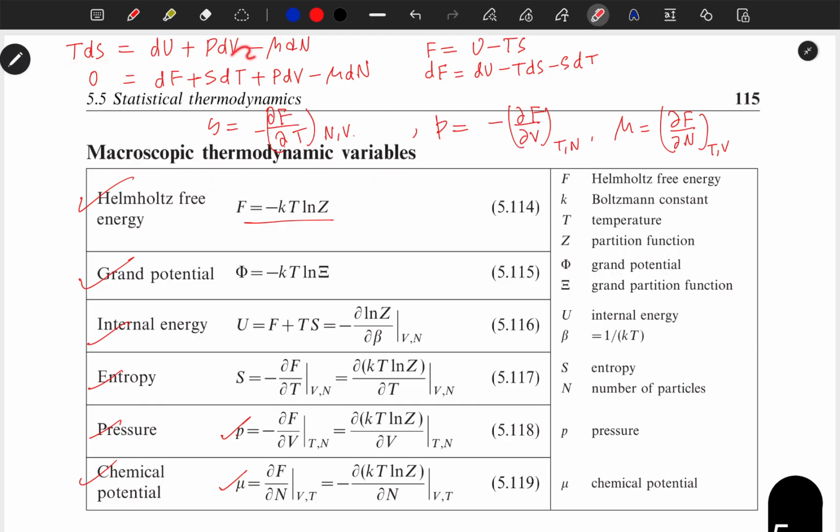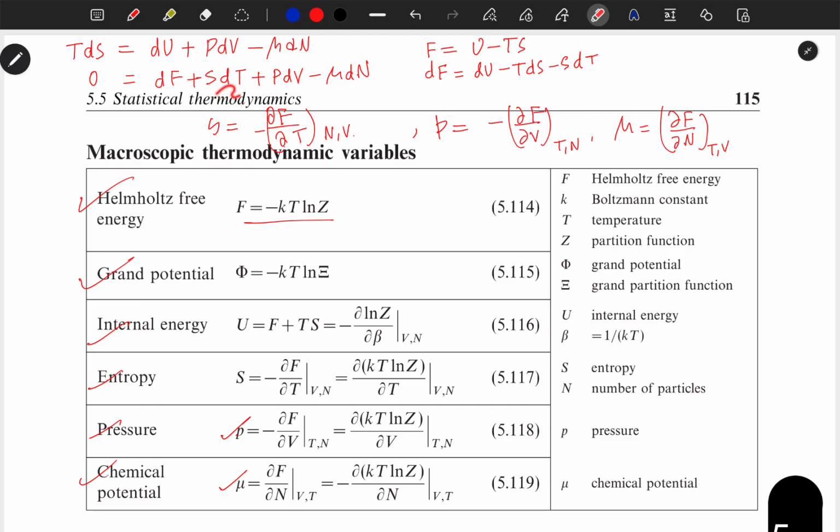dQ equal to dU plus P dV minus mu dN. So dQ equal to T dS. So again F equal to U minus TS. So dF equal to dU minus TdS minus SdT. So we replace dU minus TdS, giving dF equal to minus S dT minus P dV plus mu dN.